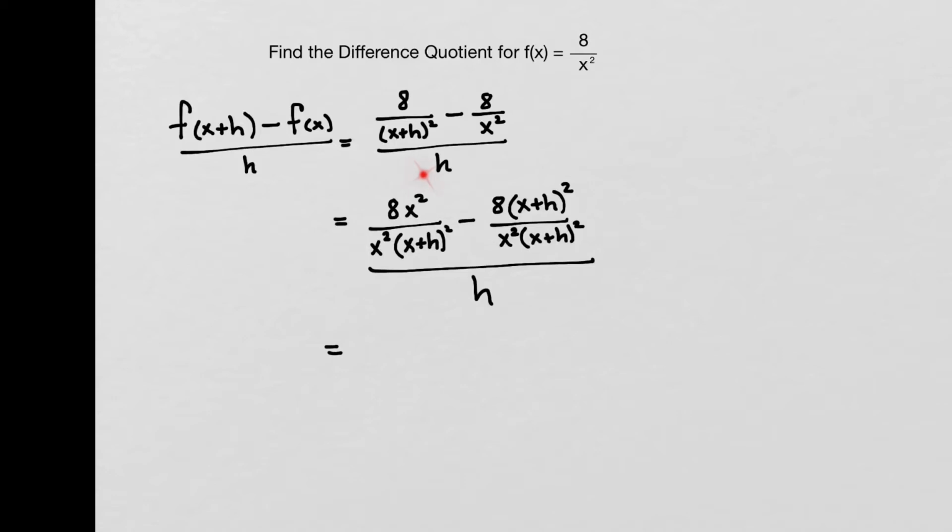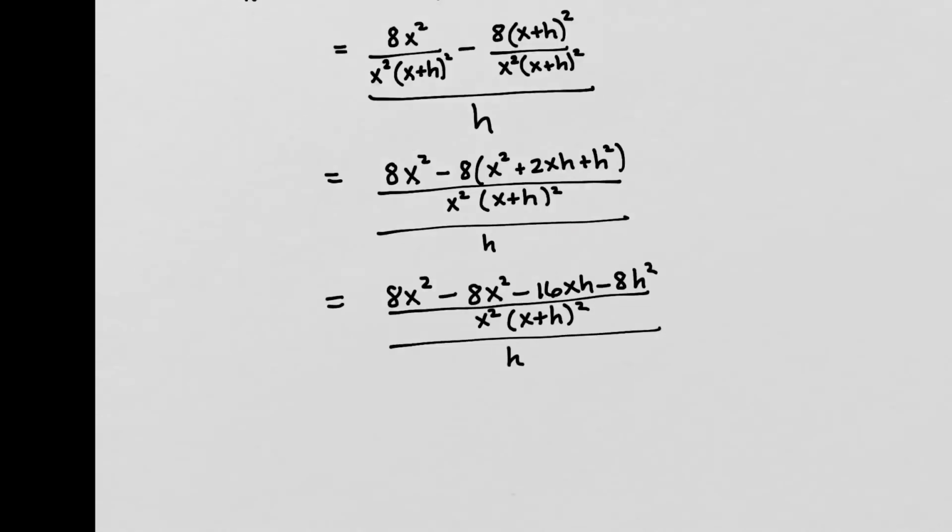Now I have 8x squared over x squared times x plus h squared minus 8 times x plus h quantity squared all over that same denominator, and then that's all over h. So I will now use FOIL and the distributive property and then combining like terms to combine the numerators of these two fractions together because they have the same denominator now.